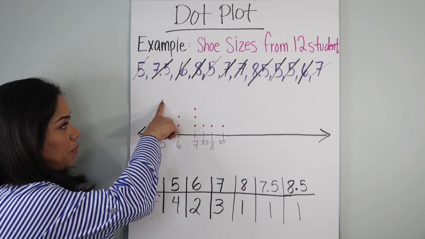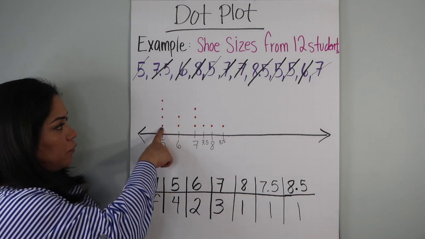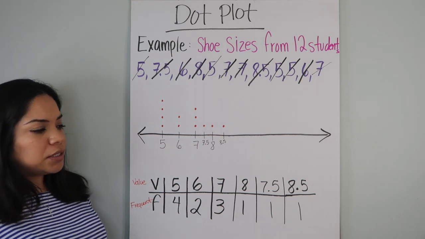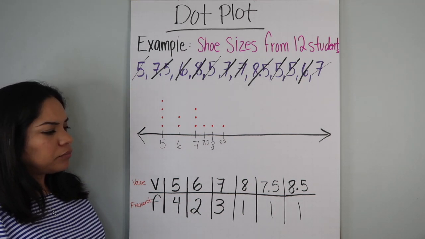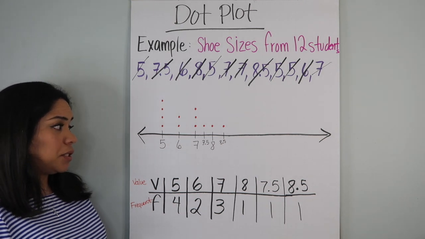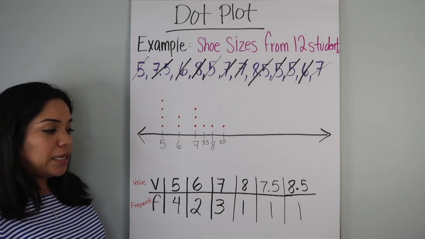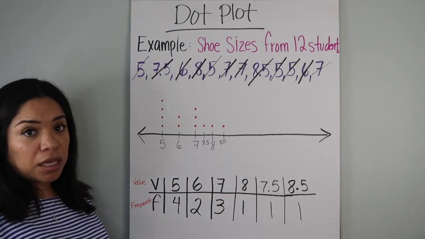You can see that peak. 4 students were size 5. So it's just an easier way to represent data and easier to describe it. So let me know if you have any more questions.